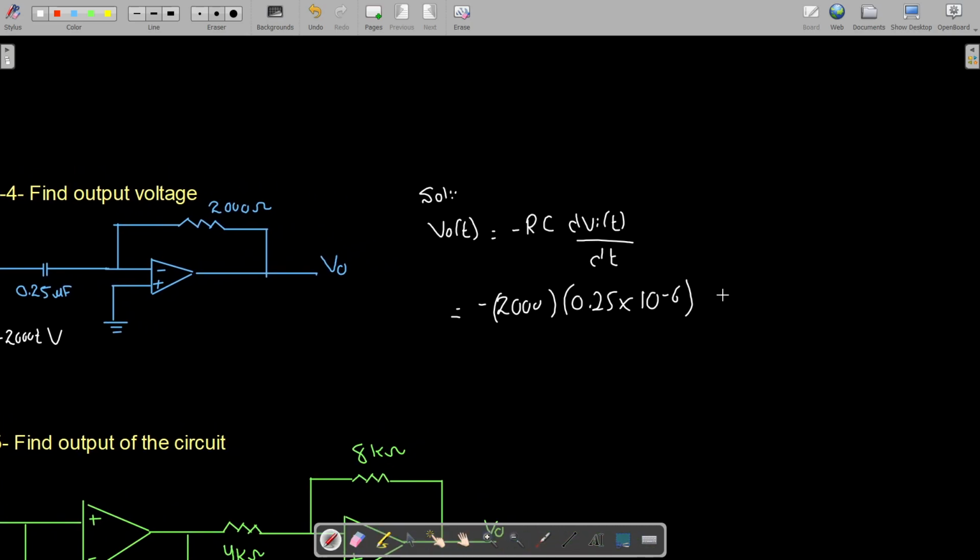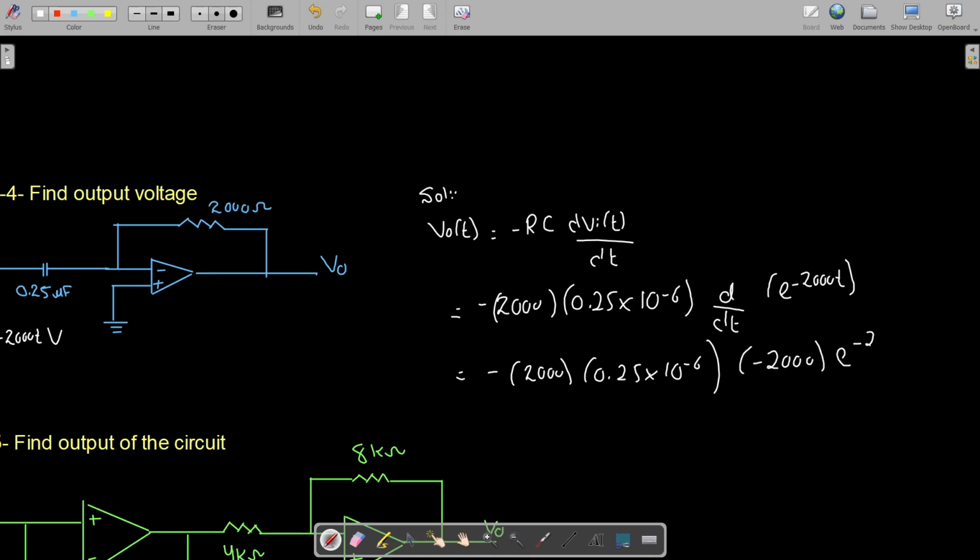So this is basically d by dt of Vi of t, which is e power minus 2000t. So we are going to have minus 2000 into 0.25 multiplied by 10 raised to power minus 6, and then derivative of this thing. So the derivative of this thing is minus 2000, again e power minus 2000t.